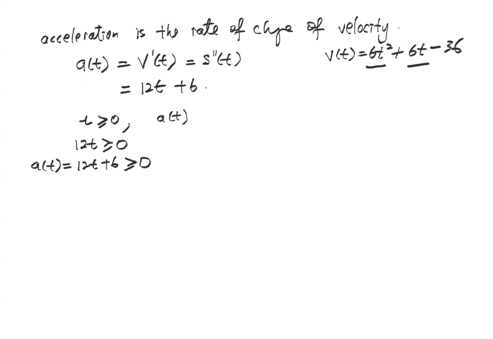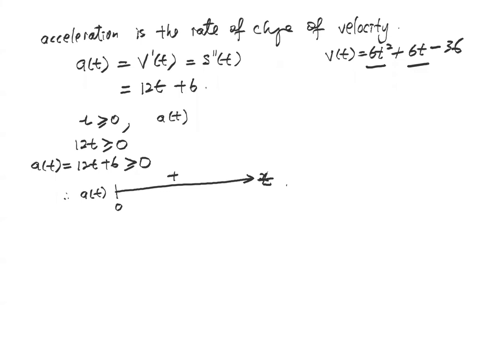So is there a time whereby the acceleration will be equal to 0 for this case? No. So therefore, my sign diagram, that's it. That means the particle is always accelerating.